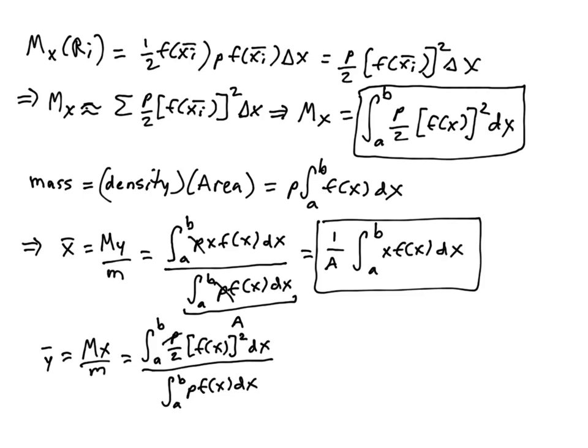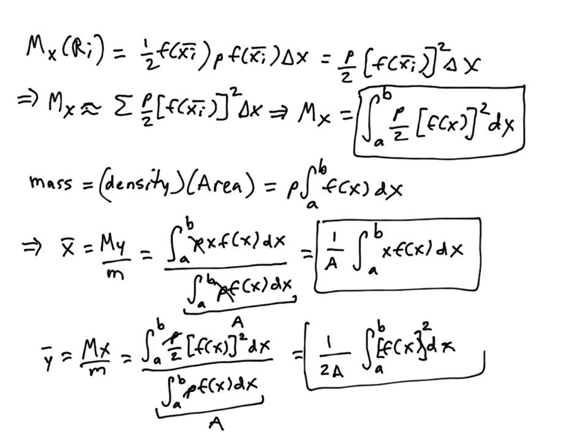But again, guys, the rho's cancel. And again, this you can call A. Notice we have the 1/2 that can pull out as well. So an easier way to remember the formula is you pull out the 1 over 2A, and we end up with the integral from a to b of f of x squared dx. Okay, so together these two guys give you the centroid. This is x bar and this guy is y bar.